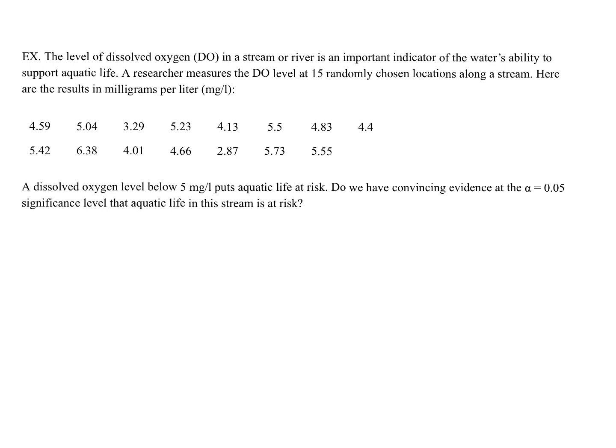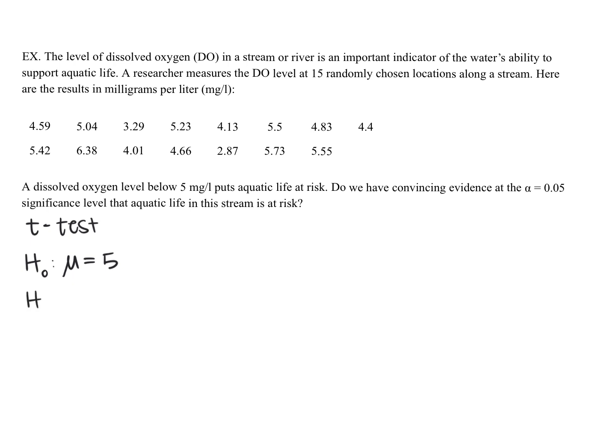First I want to decide between a t-test and a z-test. Obviously, if I'm given a list of sample data, I am going to be performing a t-test. So my null hypothesis, we know that the mean level of dissolved oxygen is 5 milligrams per liter.